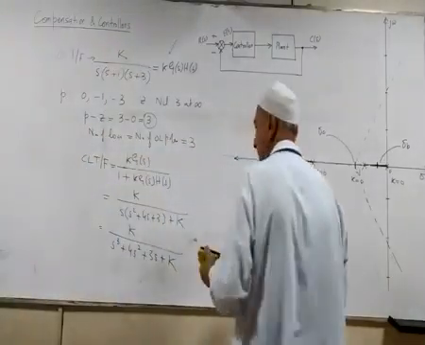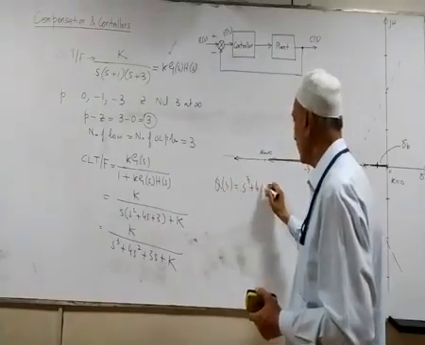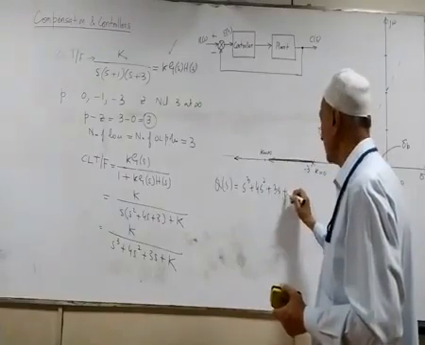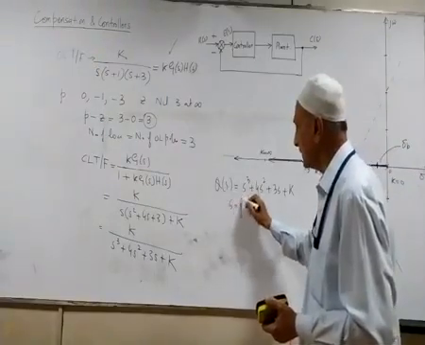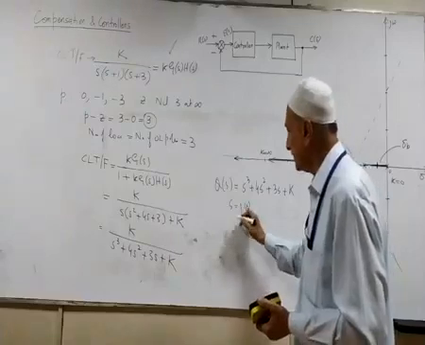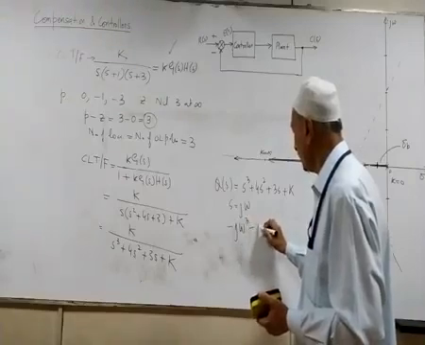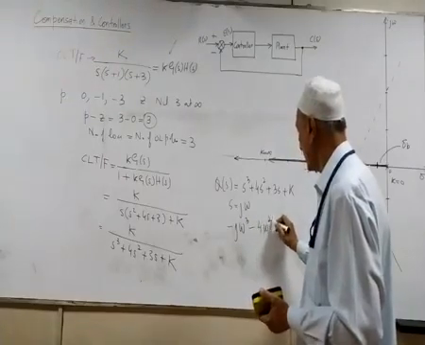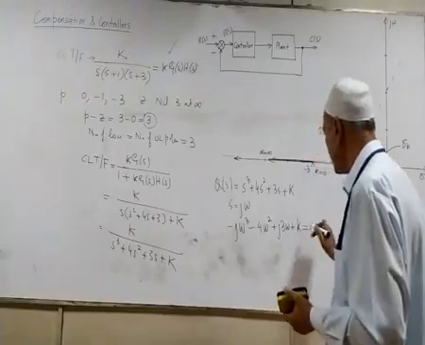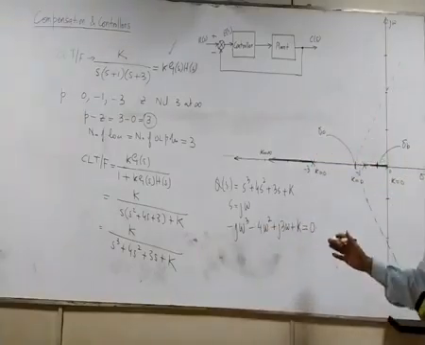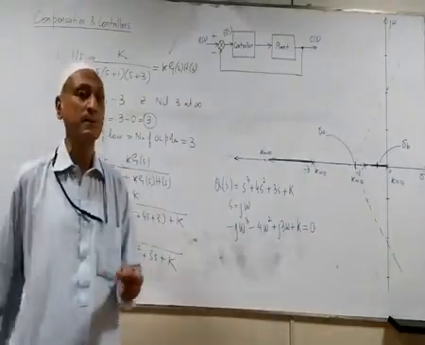The characteristic polynomial is the denominator, which is Q(s) equal to s cube plus 4s square plus 3s plus K. Now likewise we go for changing s to j omega, and if you put j omega in this equation, we will have minus j omega cube minus 4 omega square plus j 3 omega plus K, and when we equate this to 0, we will get a characteristic equation in terms of j omega when we transform s to j omega.